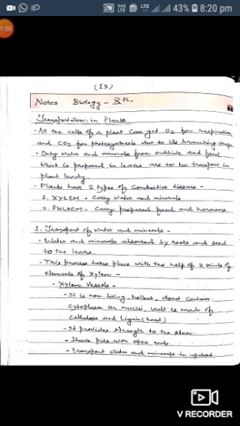Now, brothers and sisters, today's topic is transportation in plants. As you know very well, in plants there are no particular systems like in human beings, but the transportation process is essential.